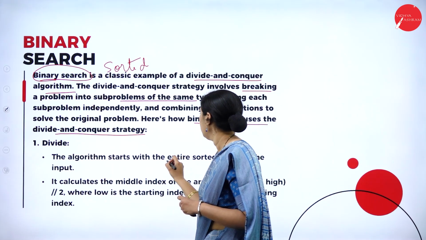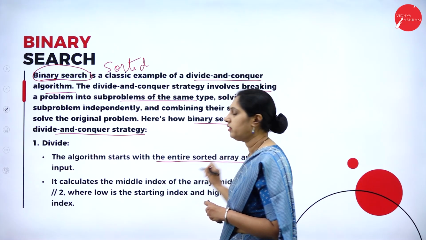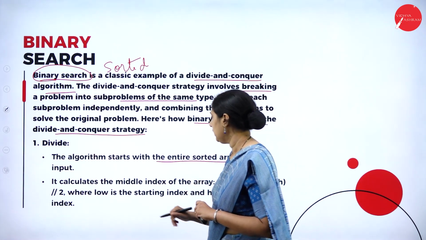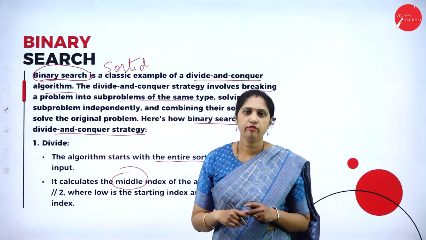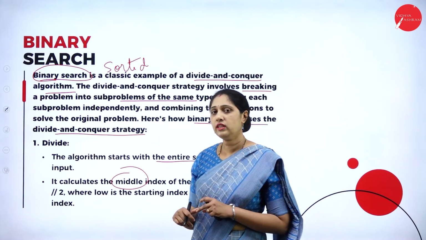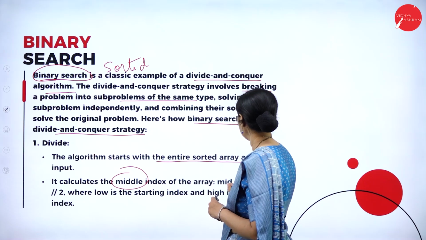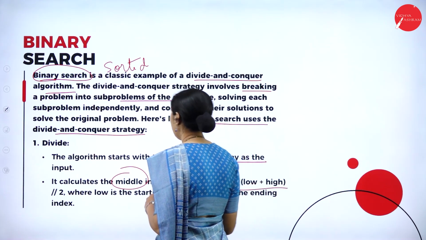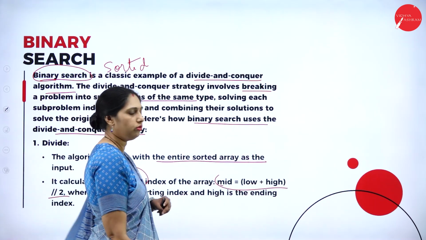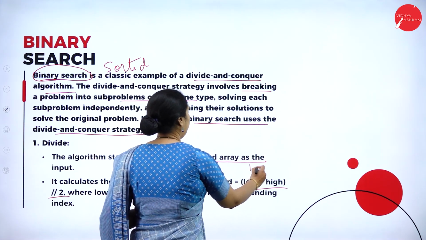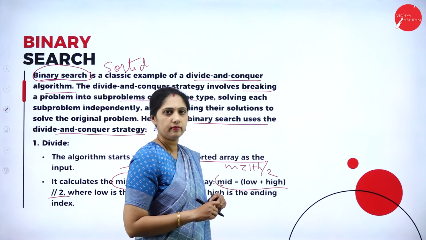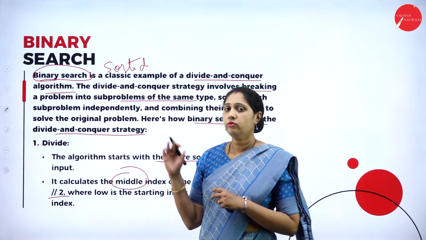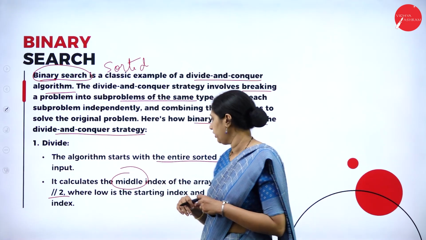The entire sorted array is the input. Then it will calculate the middle. So it is dividing, we have to calculate the middle. How to calculate the middle? The middle is nothing but low plus high divided by 2. It is something like L plus H divided by 2, that is called M. So once we divide, we get the middle element.